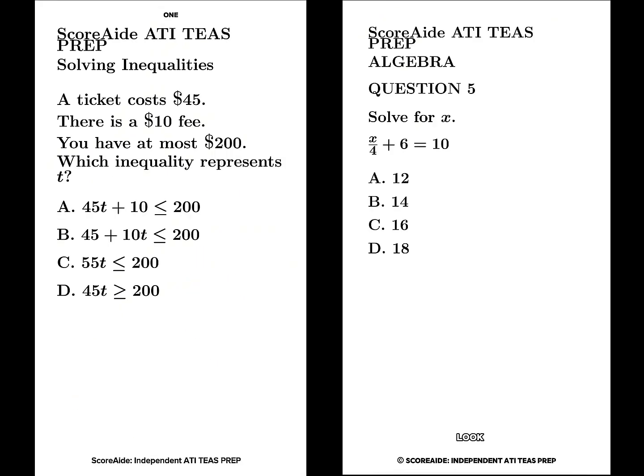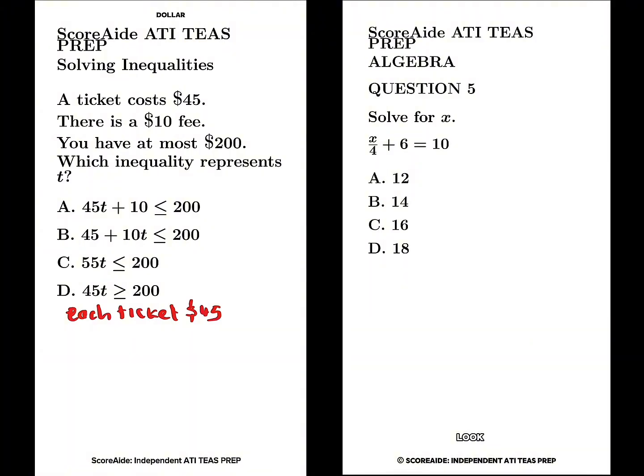Let's look at this one. A ticket costs $45. There is a $10 fee. You have at most $200. Which inequality represents T? Now, if we break this down, each ticket is $45, right?